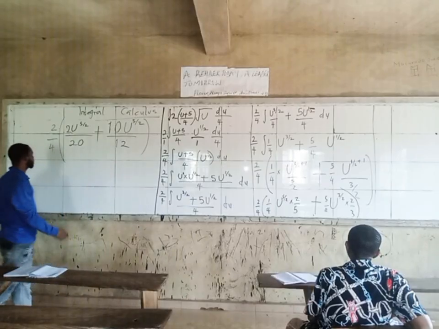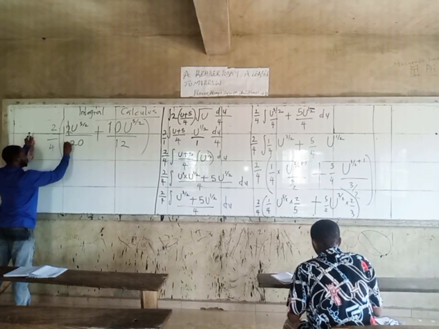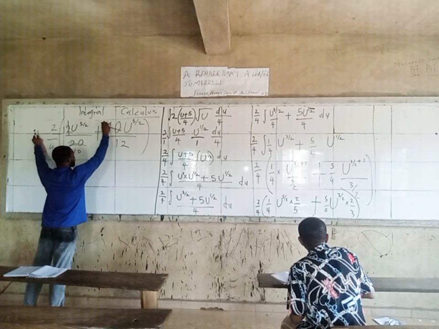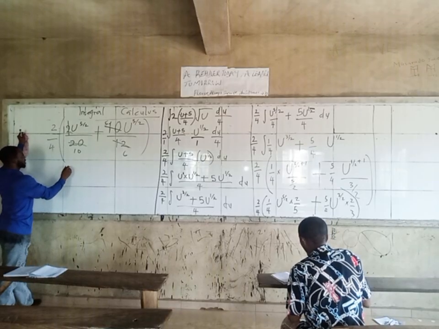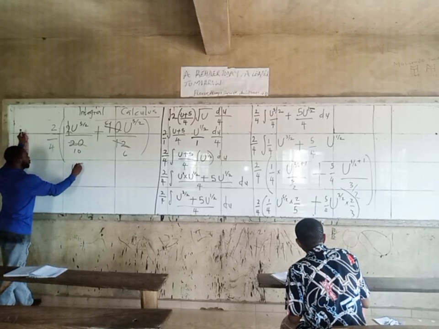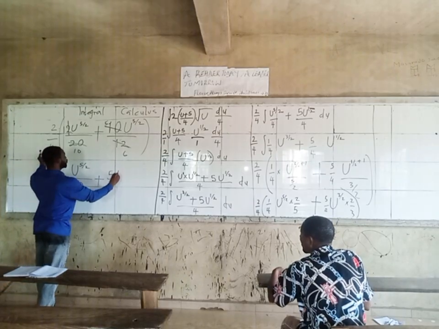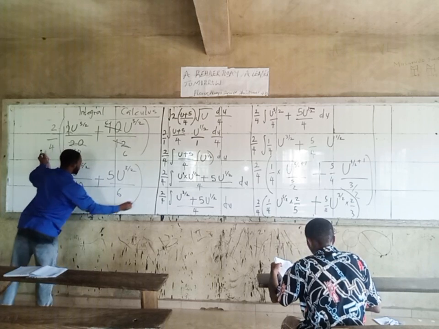So if you check now, this can become 1, this will become 10. If 2 go here, you get 5. If 2 go here, you get 6. So this will be the same as saying u raised to power 5/2 all over 10 plus 5u raised to the power 3/2 all over 6.